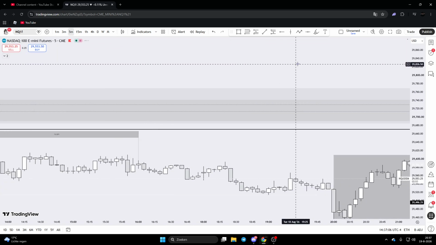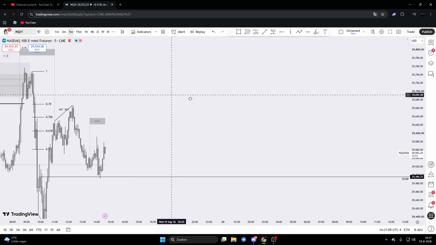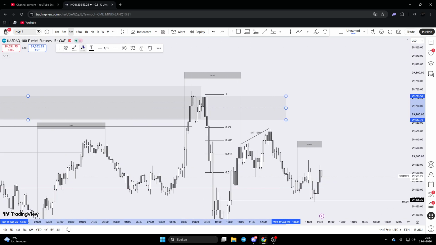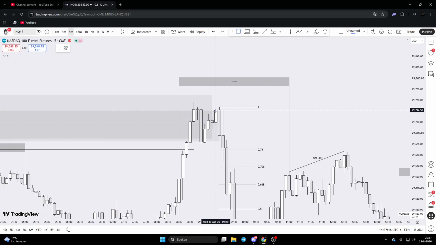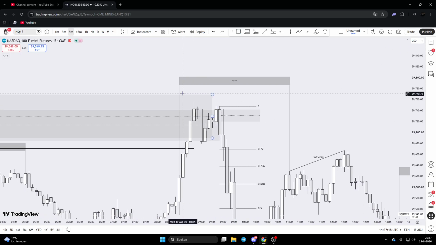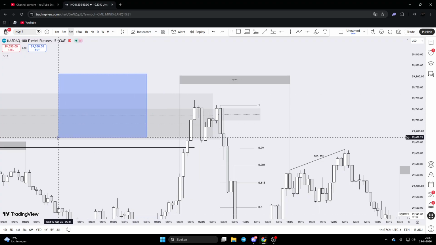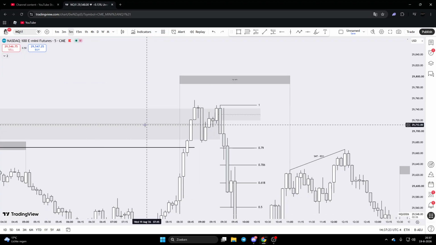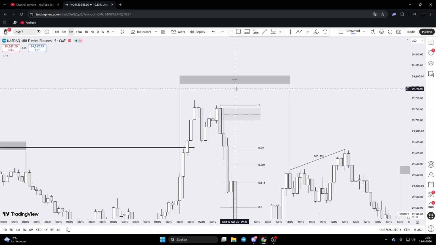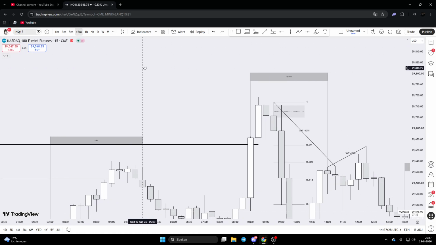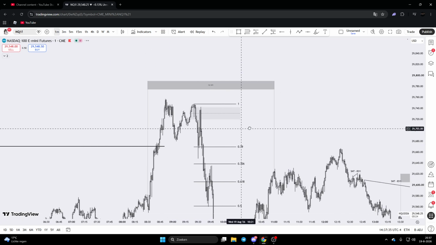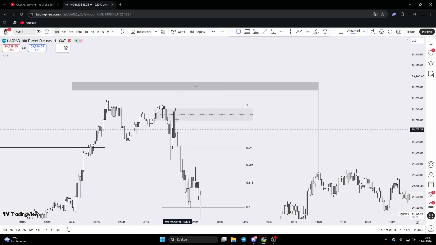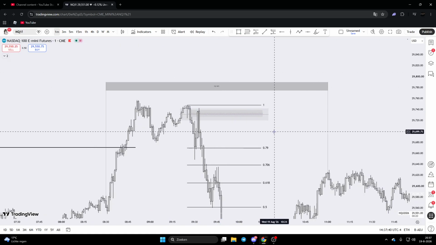But what happened, which I was looking at but didn't take because I found it a bit too risky, and I saw some people take this, and it was a very valid trade, was this 5-minute order block that we had. Let me just remove these. I think there was also a 1-minute gap, yeah, a clean 1-minute gap inside of that.